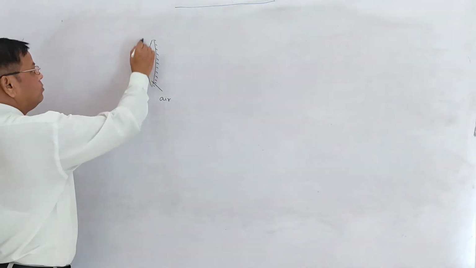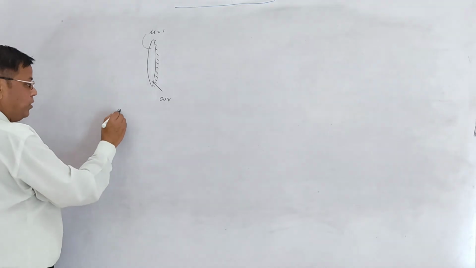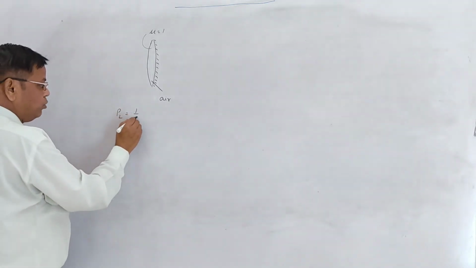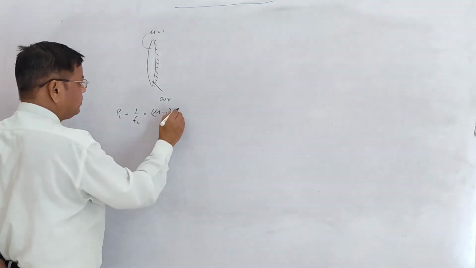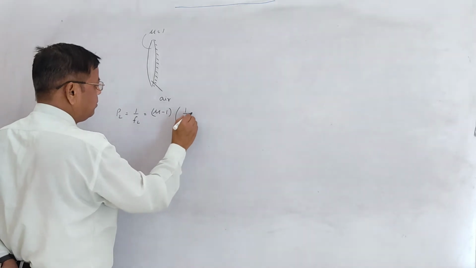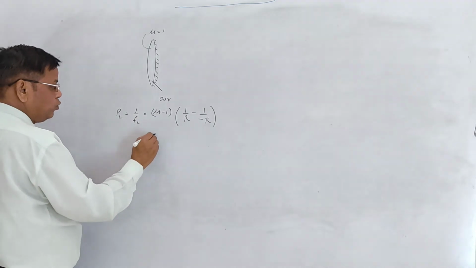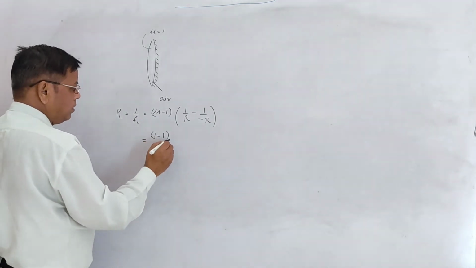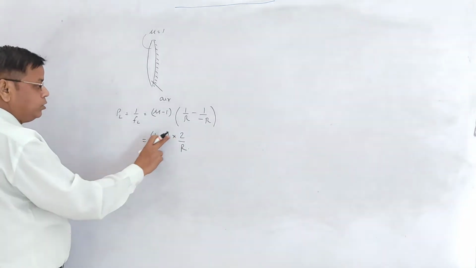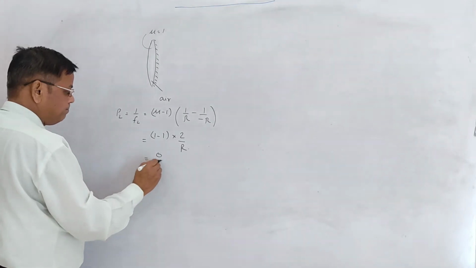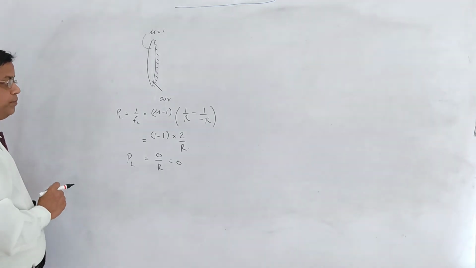Here mu is 1. So again you have to find PL, which is 1 upon FL, that is mu minus 1 times 1 by R minus R. So mu is 1, so 1 minus 1 into 2 by R, 1 minus 1 is 0 into 2, so it is 0 by R. So power of lens is 0.